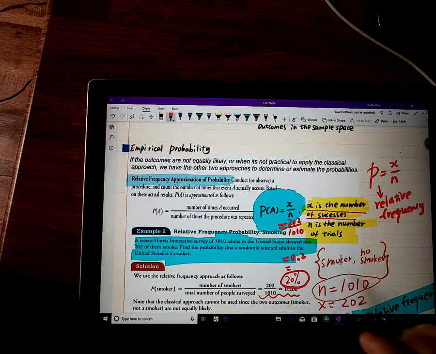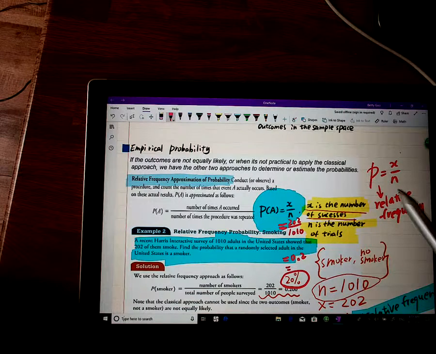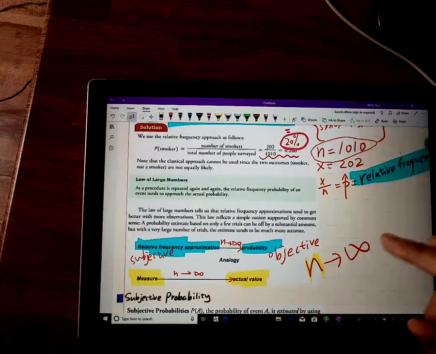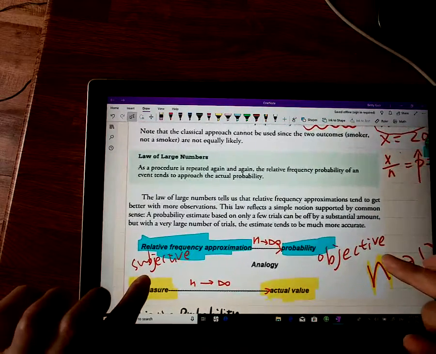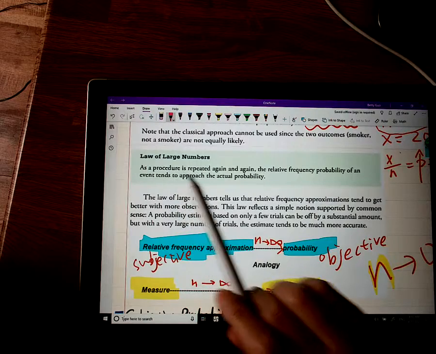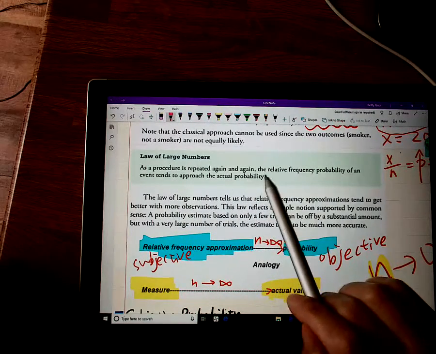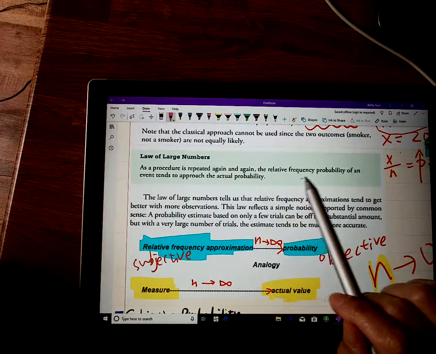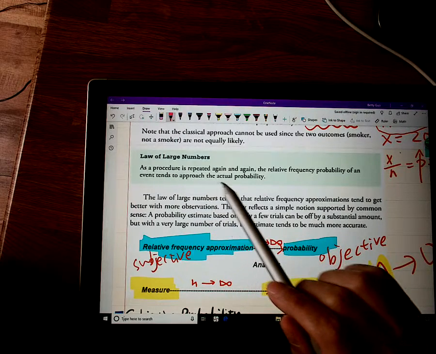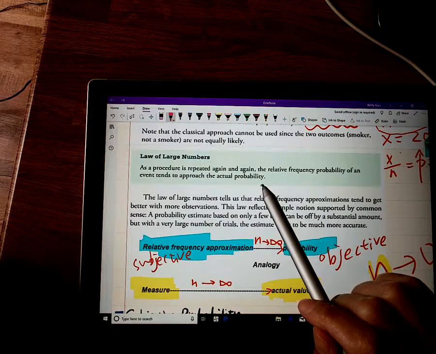The theory that supports the fact that we could use the sample proportion, or relative frequency, to approximate the actual probability is called the law of large numbers. Let's read this part. As a procedure is repeated again and again, the relative frequency probability of an event tends to approach the actual probability.